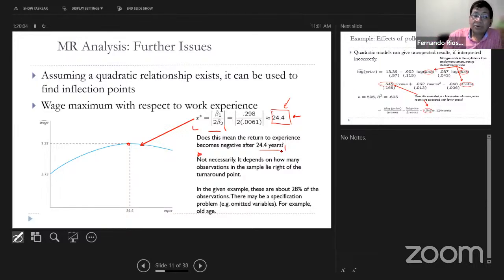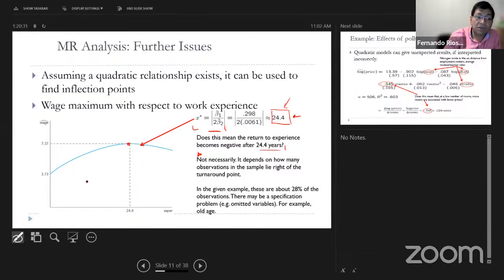It all depends on how important is this point for the sample. What do I mean with that? Anytime that you add a quadratic term in a model, you will always have this parabolic function. There is always going to be some inflection point after which returns decline, or it could be an increasing function.